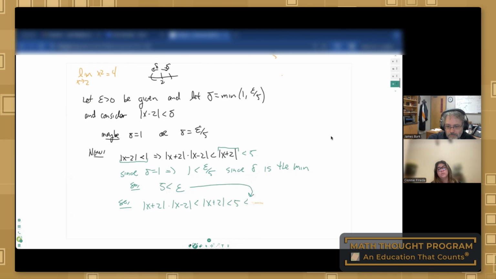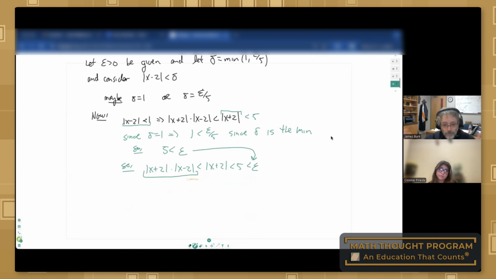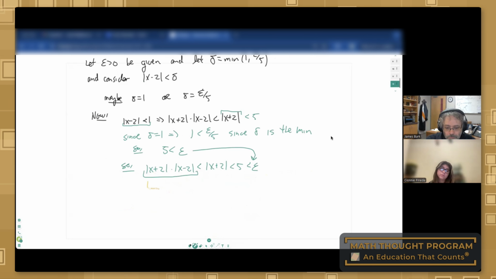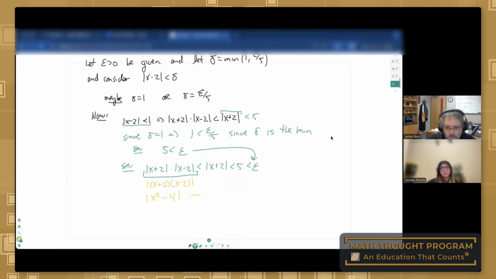And this piece back there, if we were to do some algebra, pull it back together, use the properties of absolute value, difference of squares, what did we just show?